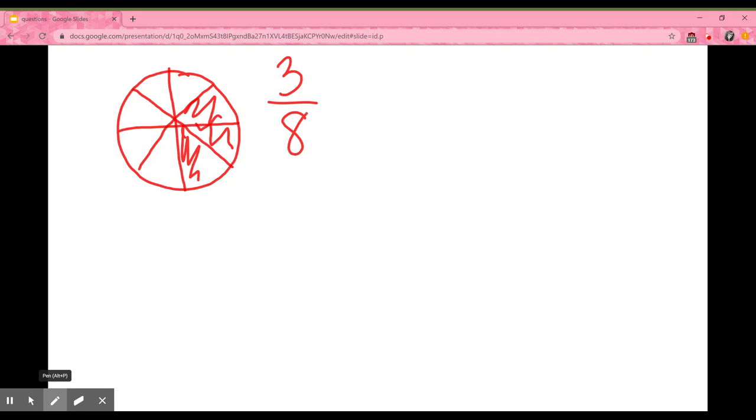But what if it was a number line? Because you can still show a fraction basically the same way on a number line. So I'm just going to draw a line. And just like this pizza is broken into 8 slices, a number line is going to be broken into 8 pieces.